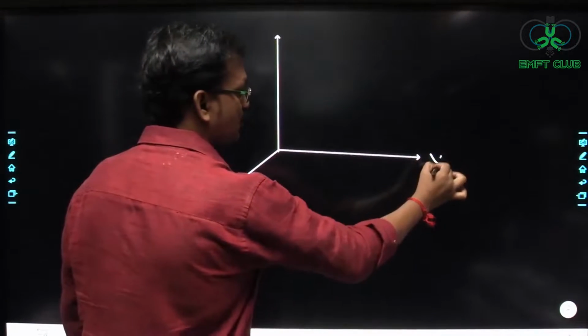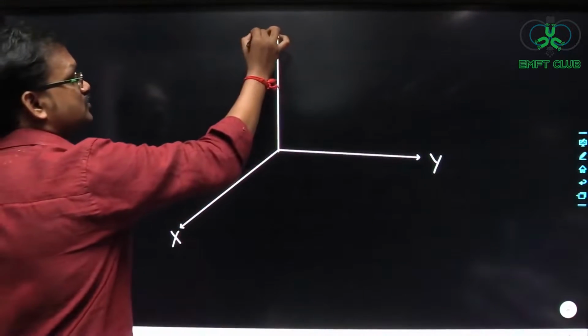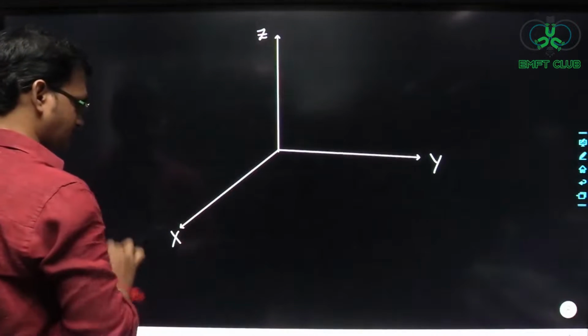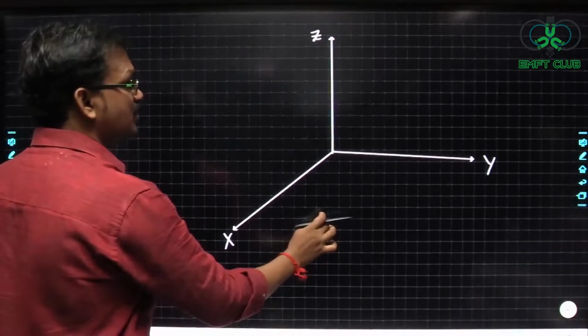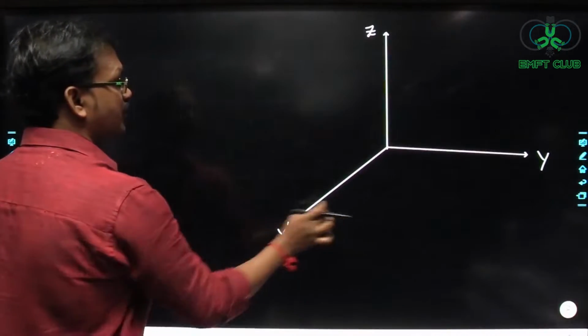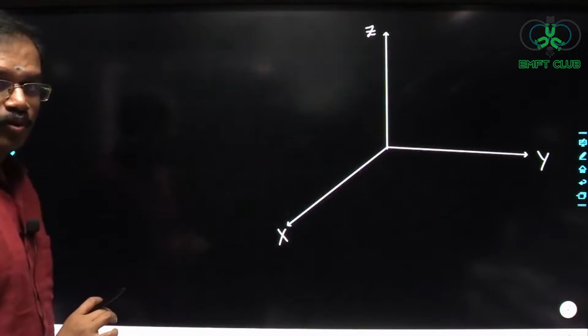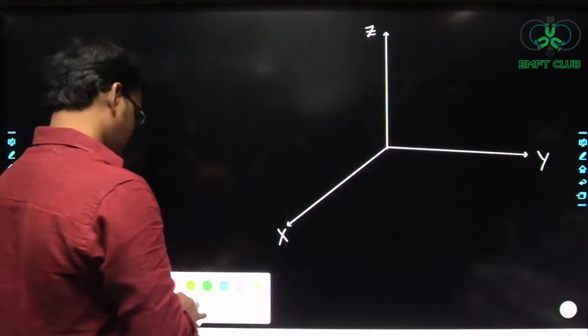So we will see what the differential lengths, the differential areas, and the differential volumes are. Okay. So now see here.